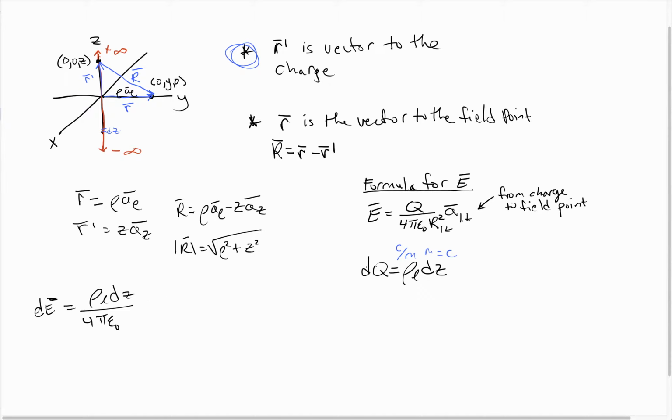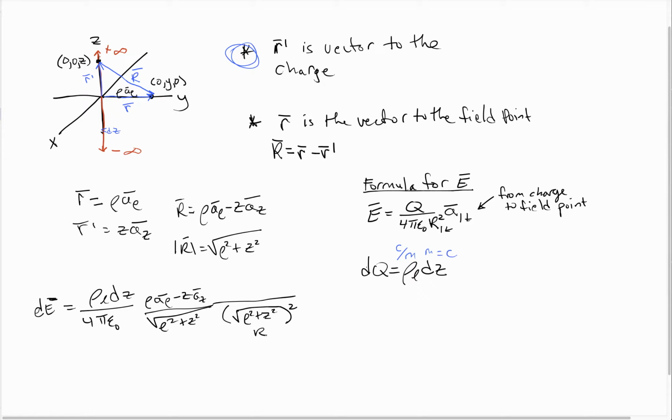The unit vector a here is just going to be rho a rho minus z a z divided by its magnitude, which is the square root of rho squared plus z squared. And then we have the R squared term there, so that's just going to be the square root of rho squared plus z squared, squared.